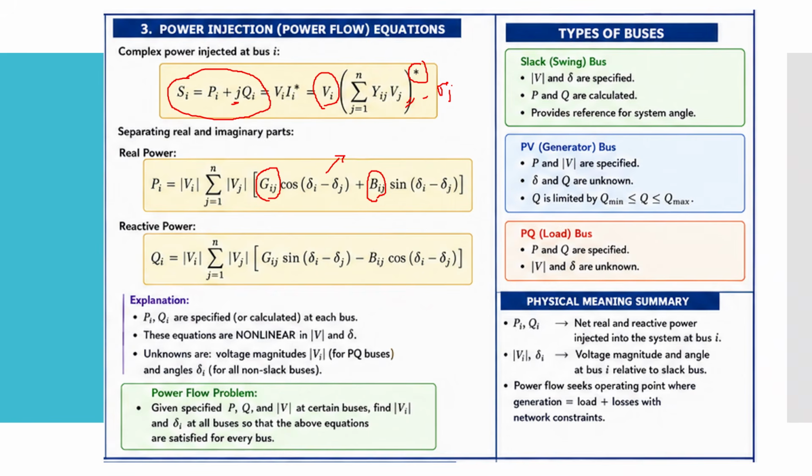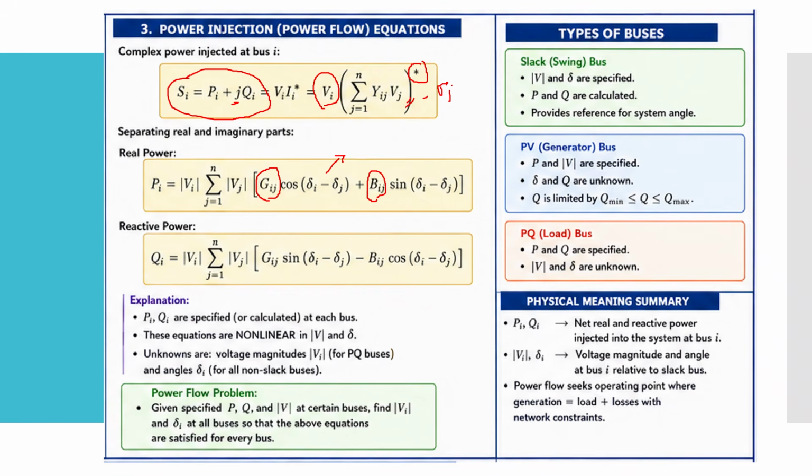So let us recap what we have learned up to this time. In order to calculate, we have to first identify the type of bus. For example, a slack bus is mandatory; at least one bus will be a slack bus when we are carrying out a power flow analysis, and the voltage and voltage angle are specified. Again, for a PQ bus, the P and the Q are specified.